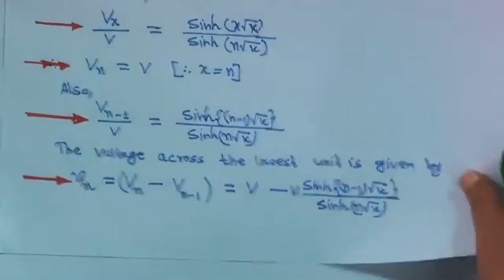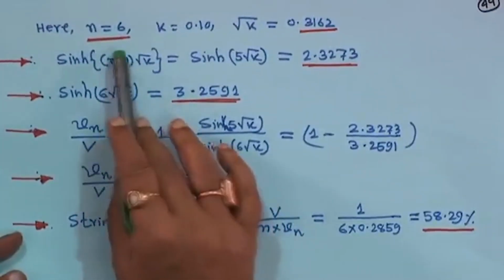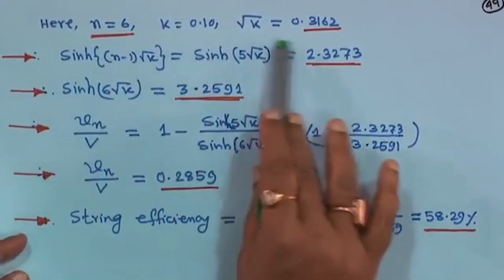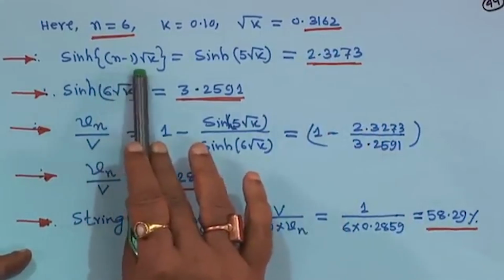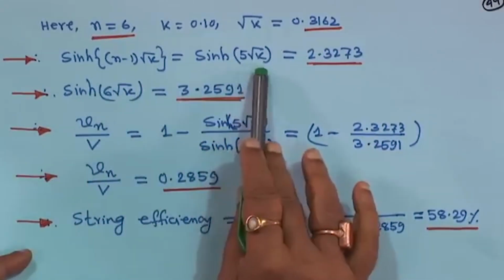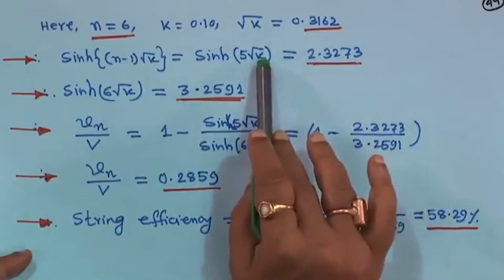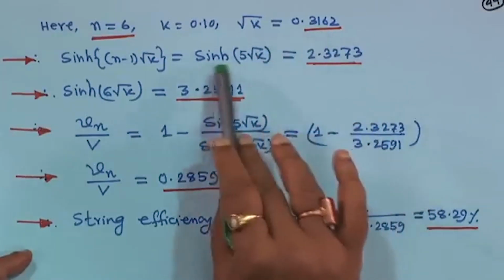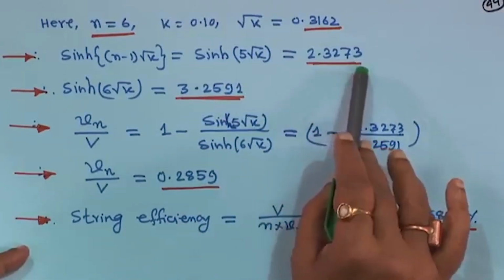Now, it is given that n is equal to 6 and k is equal to 0.1. So, root k is 0.3162. Therefore, sinh((n minus 1) root k) is equal to sinh(5 root k). You multiply 5 into 0.3162 and then take sinh of it, it will become 2.3273.